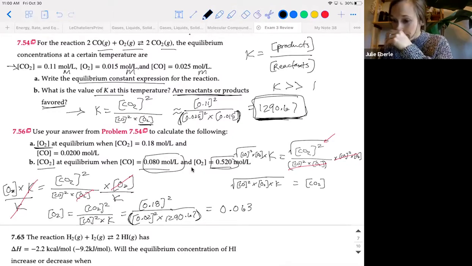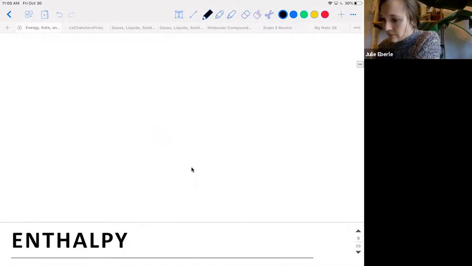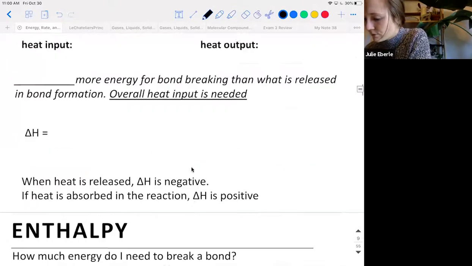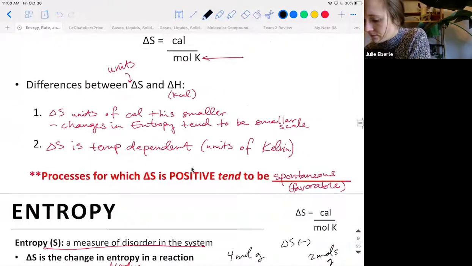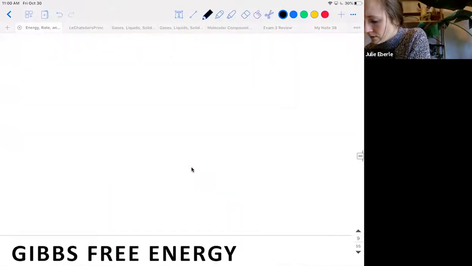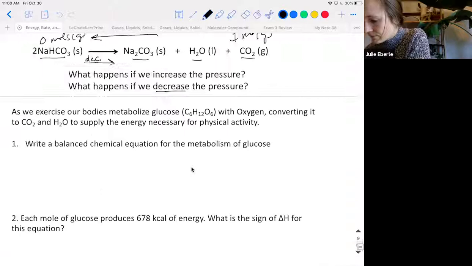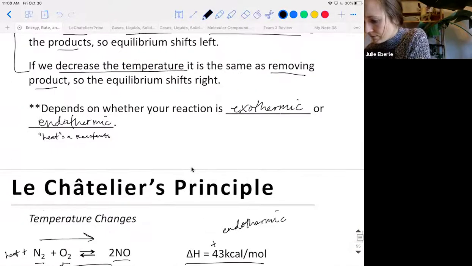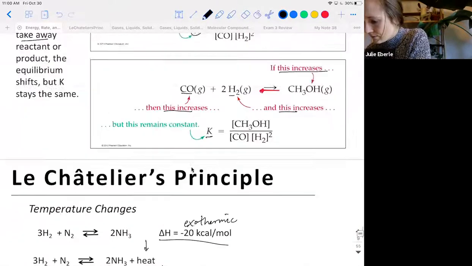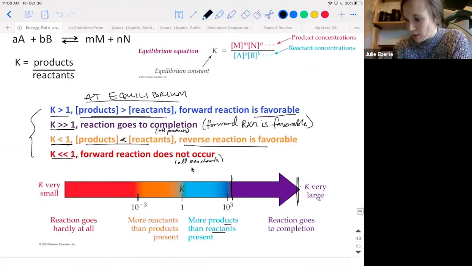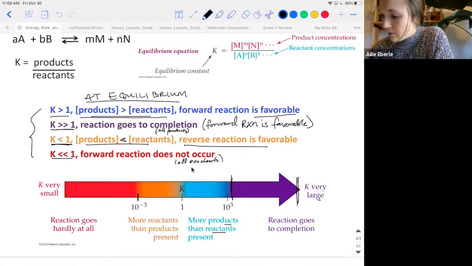I don't know if you guys remember. Towards the end, I'm going to scroll way down at the end, right here. This slide is the one I'm thinking of. When K is much, much bigger than 1, what is favored, your reactants or your products?